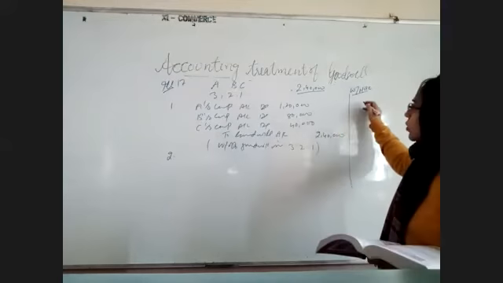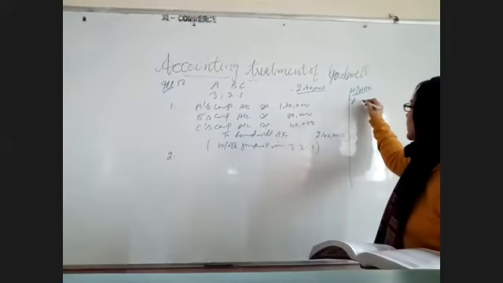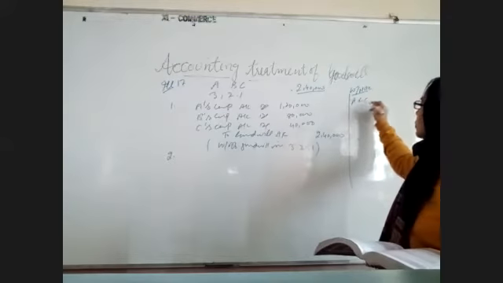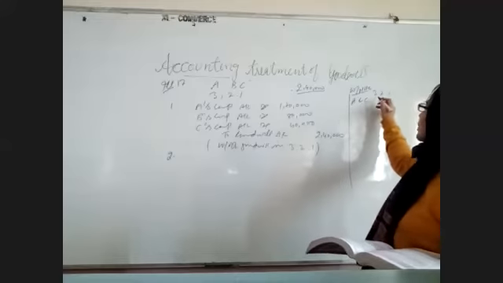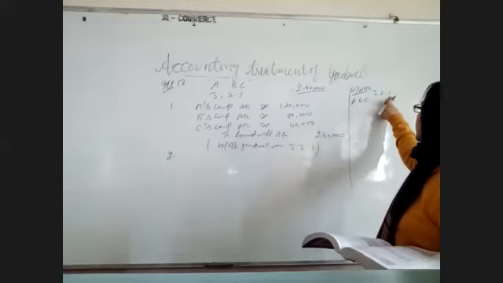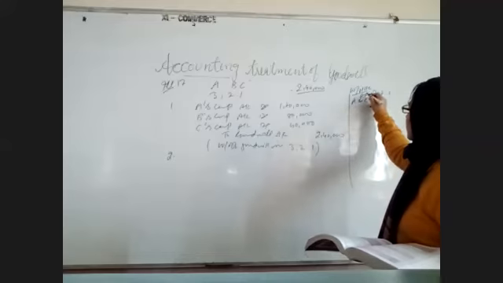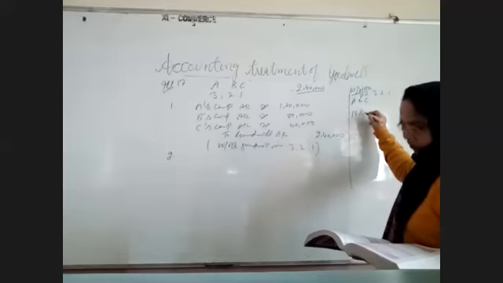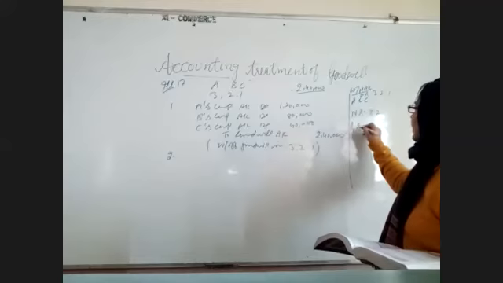Okay. So in working note, you can calculate gaining ratio. This is the old ratio. A and C will continue. Old ratio is 3:2:1, means A's share is 3/6 and C's 1/6. And new ratio 3:2. Gaining ratio we will calculate.